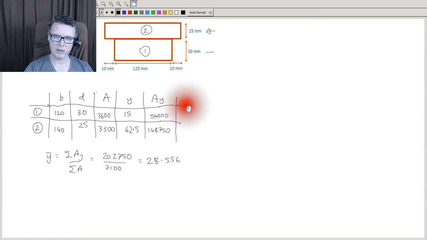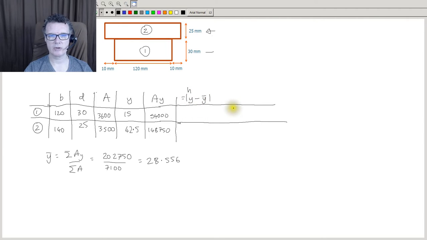So the next thing, what columns do we want next? Well, you probably want H. So H is your Y, take away your Y neutral axis, or the other way around, doesn't make any difference.